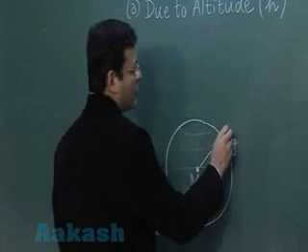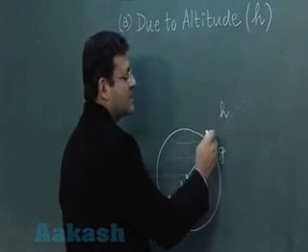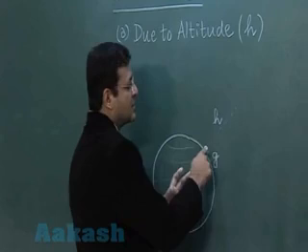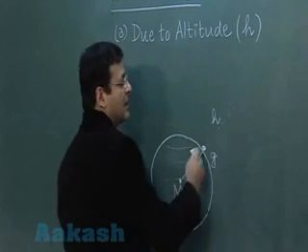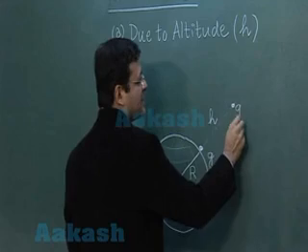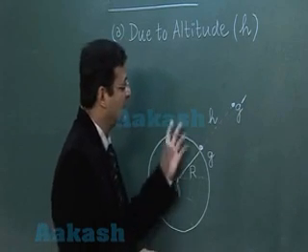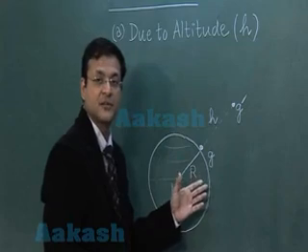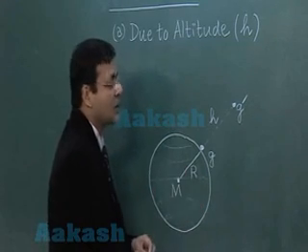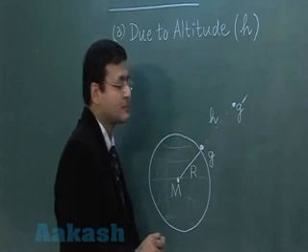And now you have moved to some altitude. Altitude means this h is counted from the surface of the earth. Maybe several kilometers you have gone above, and say the acceleration due to gravity here is g dash. I am trying to say that whatever is the value on the surface of the earth, same value is not there at some altitude.